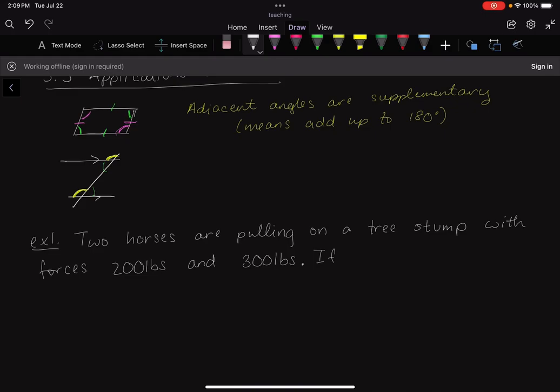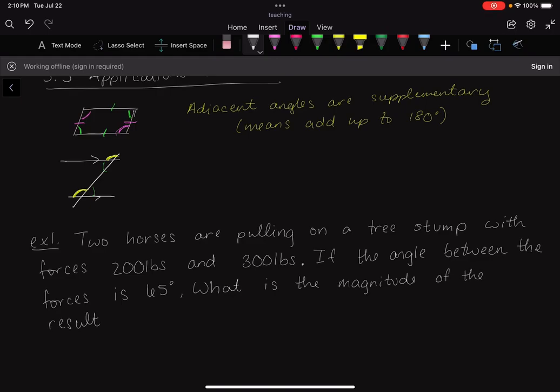If the angle between the forces is 65 degrees, what is the magnitude of the resultant force?